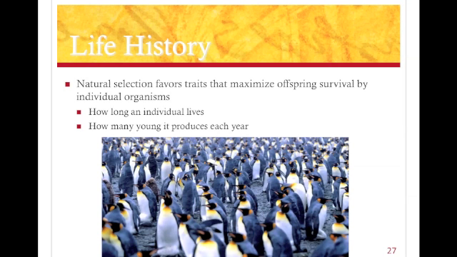So you could produce 1 trillion babies, but if none of them survive, that's not good. You need to have some that make it to reproductive age themselves. So we need to know how long an individual lives, and how many young it produces in its lifetime.